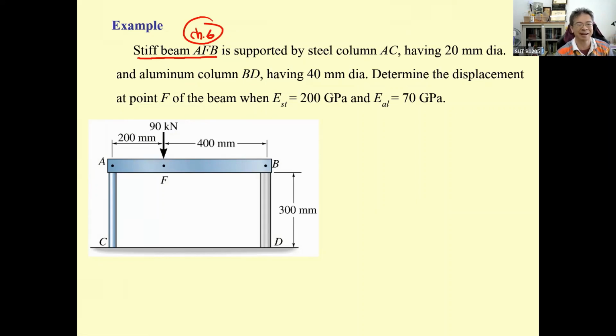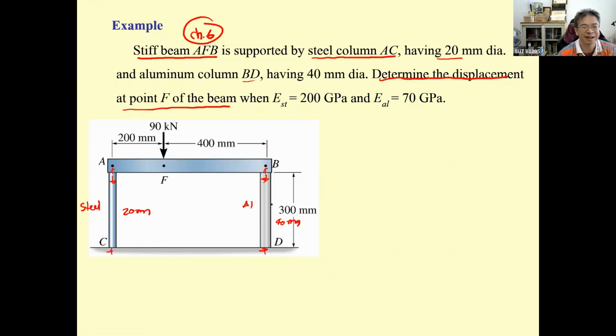Okay, and this beam will produce the reaction, and for sure this reaction will compress this column AC, and this going to compress the column BD, and AC is the steel, okay, have 20 millimeter. BD going to be aluminum, has 40 millimeter. Let us determine the displacement at point F.